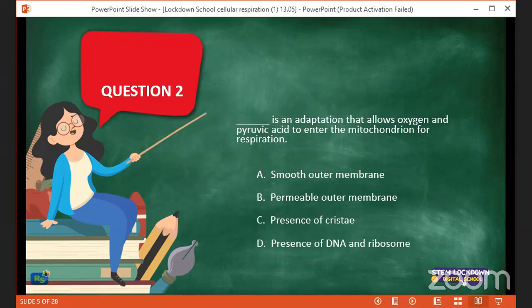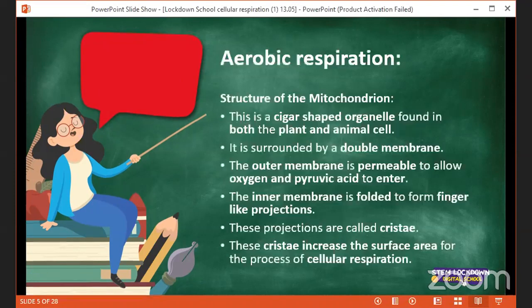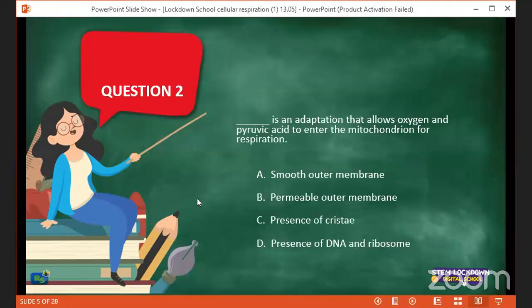Or D, the presence of DNA and ribosomes. I just gave you guys the answer and I went back to the previous slide. But come on, guys, just send through your answers.